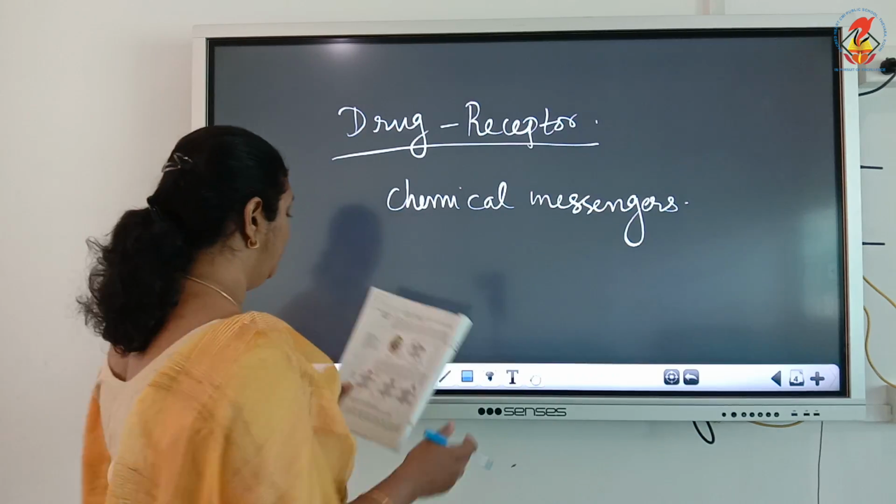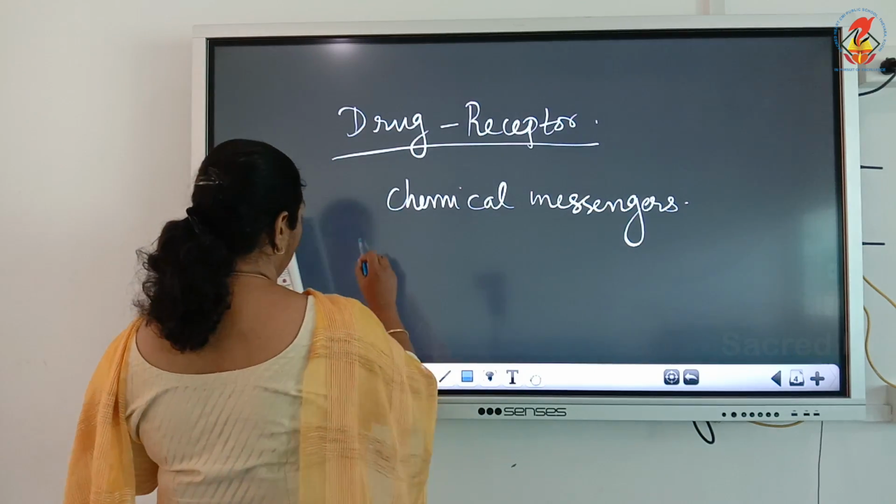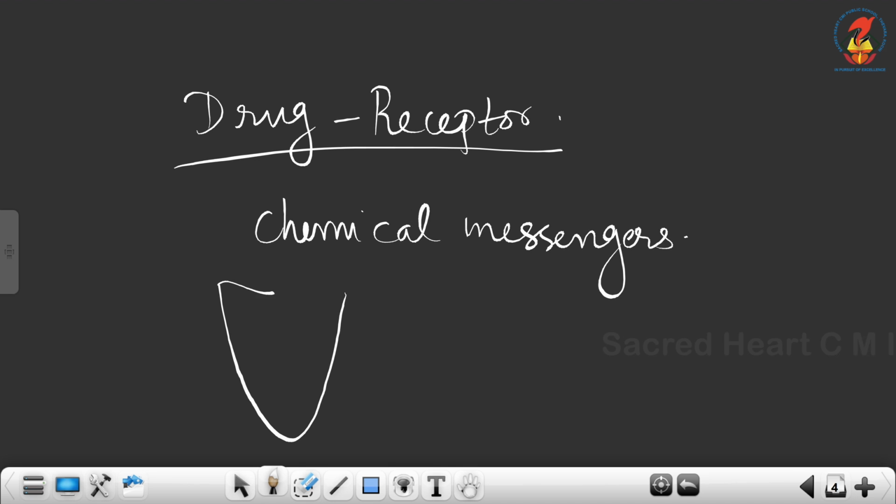If we draw the diagram, we can show it like this. Suppose this is the receptor receiving a chemical messenger. The chemical messenger is coming. This is the chemical messenger.